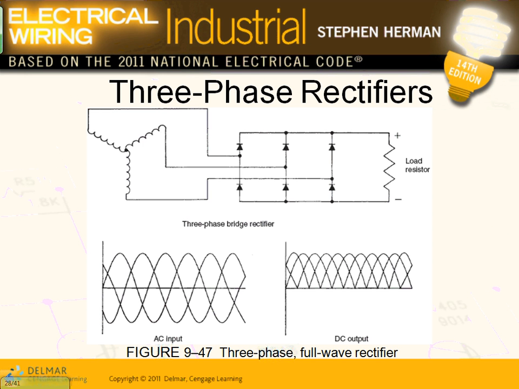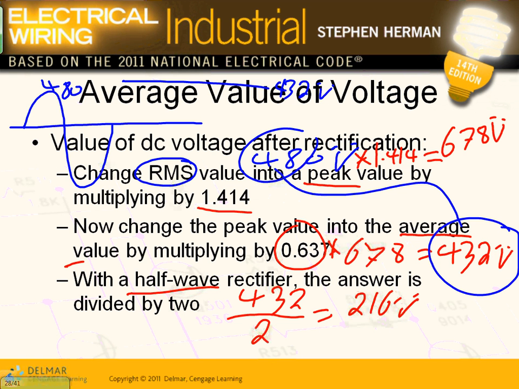But don't we care about the current? Yes. The current is a function of the load, though. If I know that my DC voltage is 430 now, how much current depends on how much load you have. That's a good point.